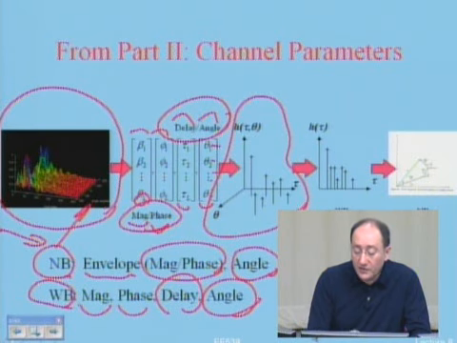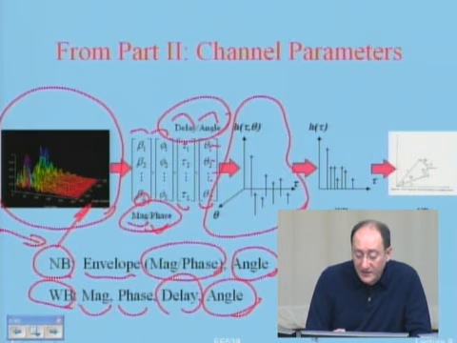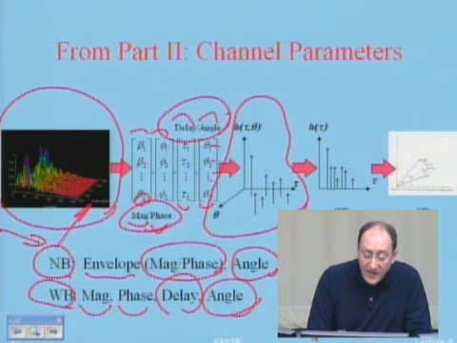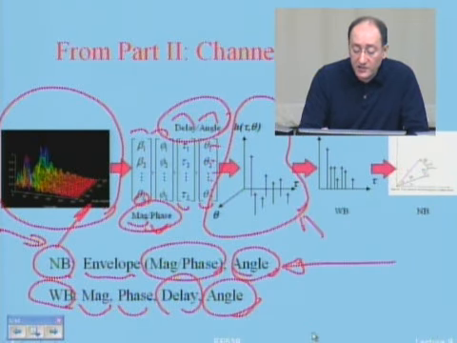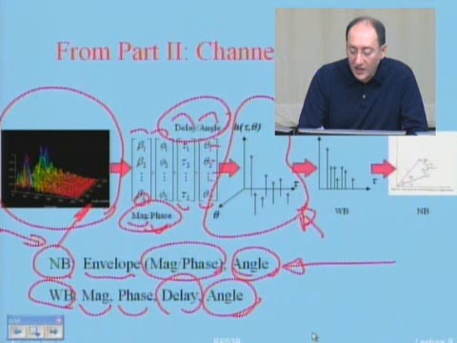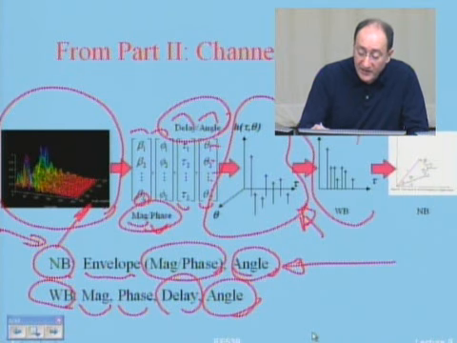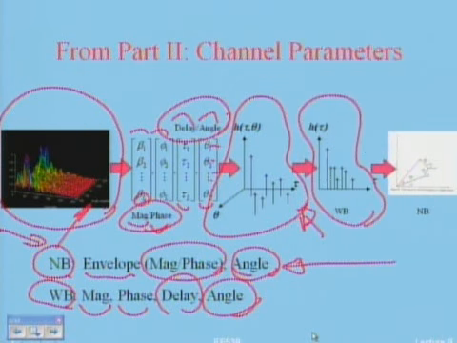Now, in narrowband communications, what will happen is that if I don't consider the angle of arrival, I receive this three-dimensional impulse response, and then if I just forget about angle of arrival, I have a two-dimensional impulse response like this. Okay? And each of these paths, I can represent by a phasor like this, and add them up together to something like this.